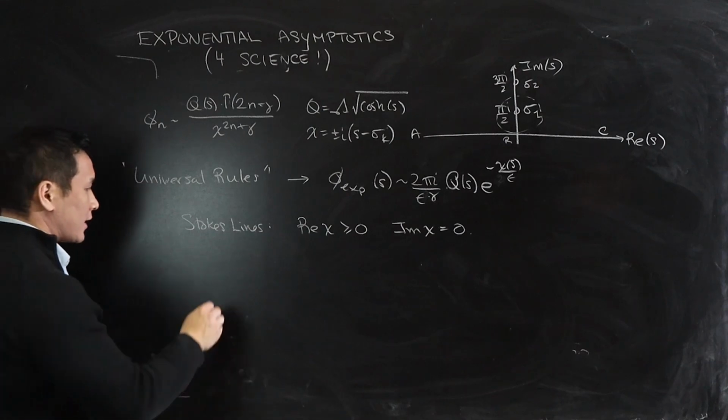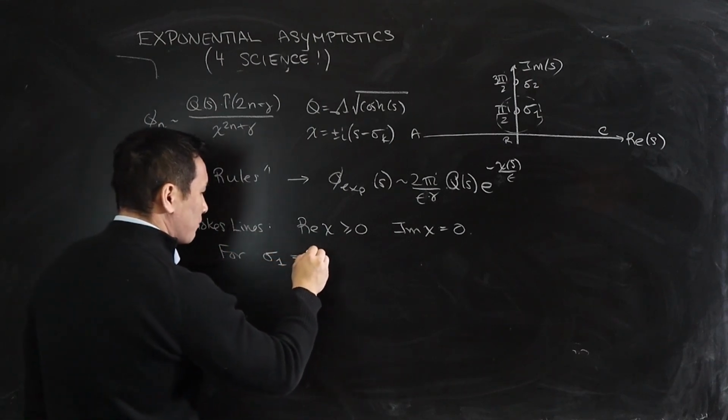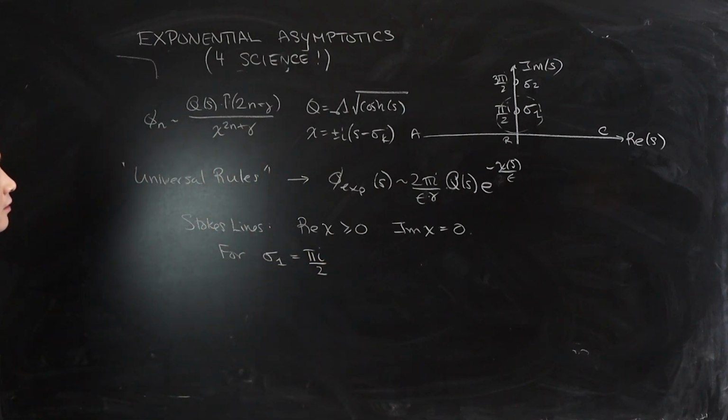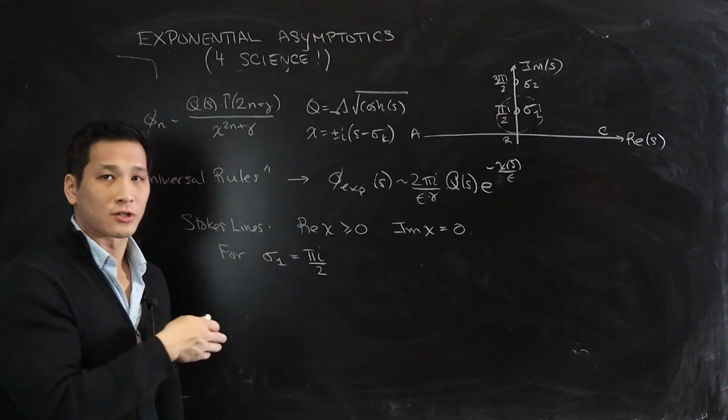So for the case of, if I just look at sigma 1, which is pi I over 2, then for this singularity, there are 2 singulants.